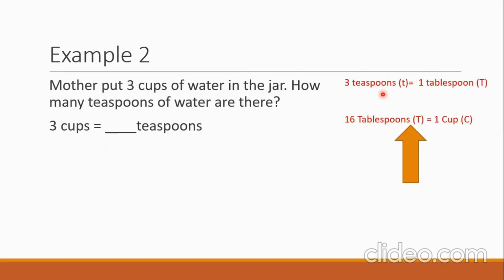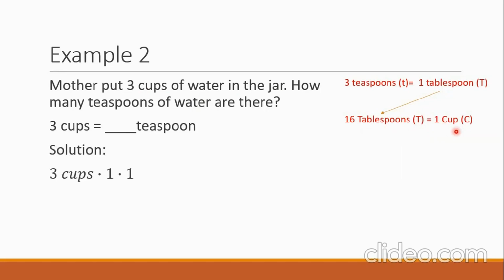From the formula earlier, I have 2 equations that will connect the cups with the teaspoons. In the first formula, 3 teaspoons equals 1 tablespoon, and 1 tablespoon here, you can see the tablespoon here, that 16 tablespoons equals 1 cup.